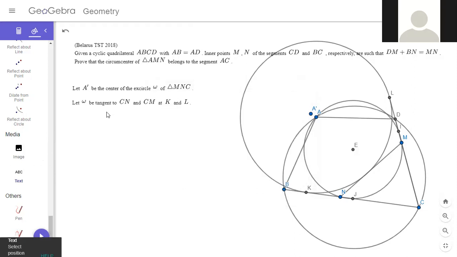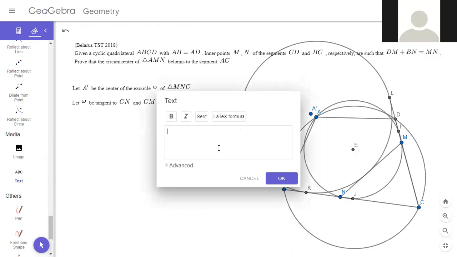So then we want to show A prime equals A. But we have MN is equal to NK plus ML, and it's also equal to DM plus BN.